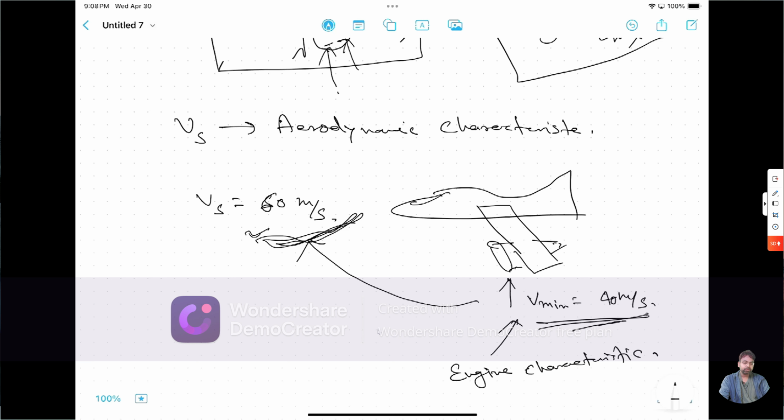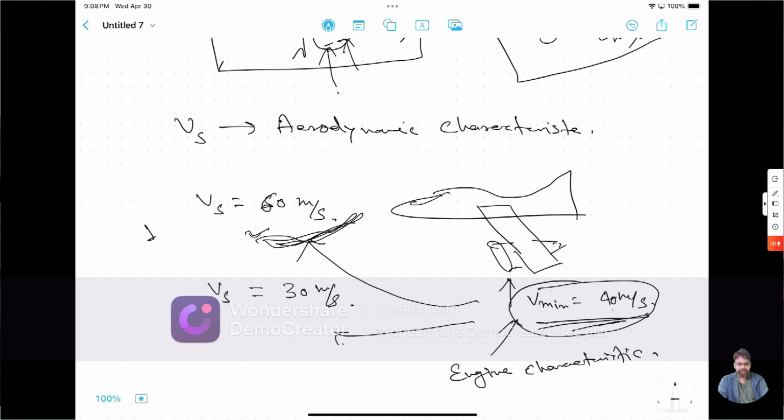Suppose your minimum velocity is 40 and your aircraft has a stalling velocity of 30 meter per second, then you can never reach your stalling velocity, because your aircraft engine cannot produce less than 40 meter per second. Are you getting my point?